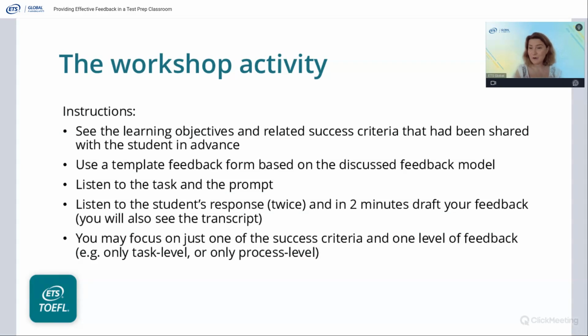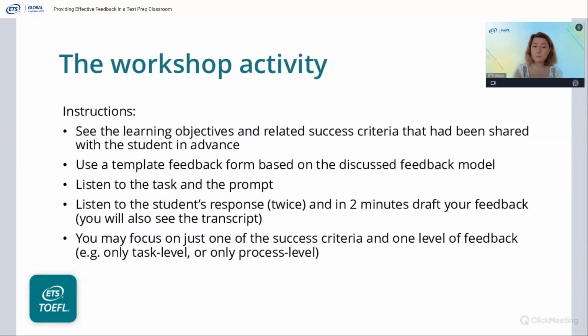I have no possibility to share it with you at this moment, but you will receive this template together with slides and recording in the follow-up message after this webinar. We will listen to the task and the prompt, so the task that the test taker received, and then we will listen twice to the student's recorded response to the same task.